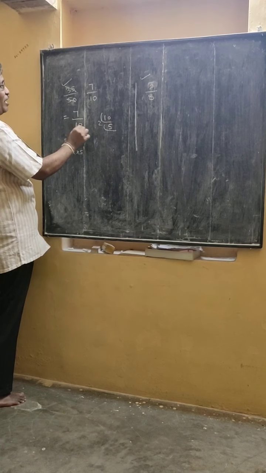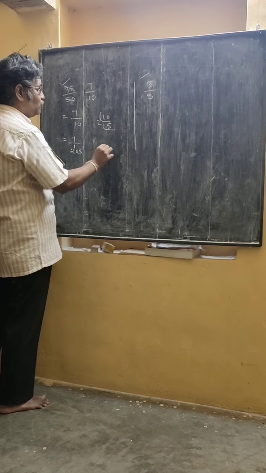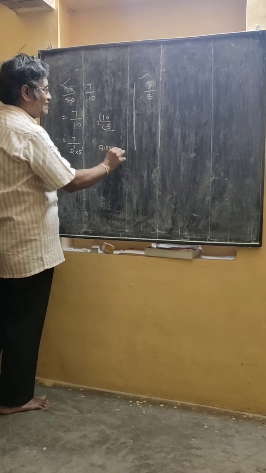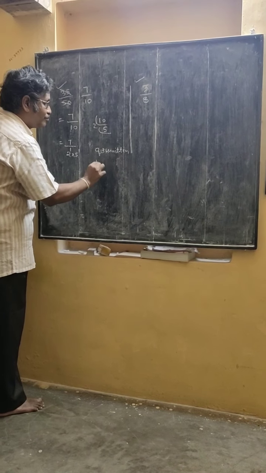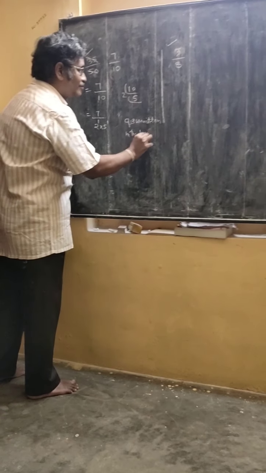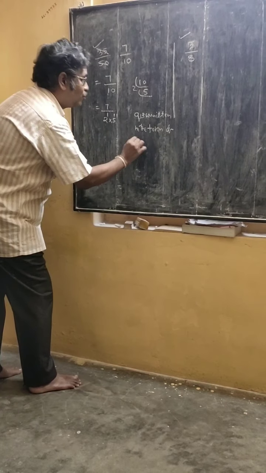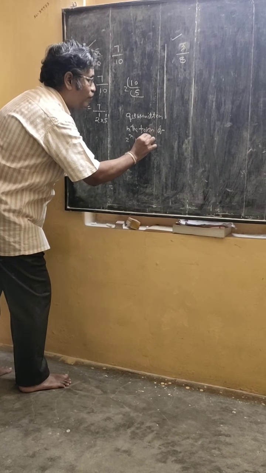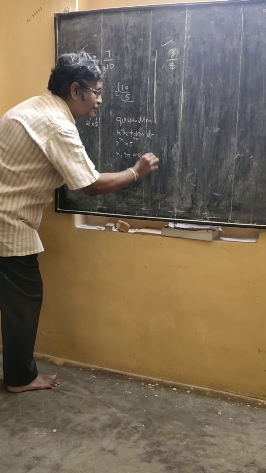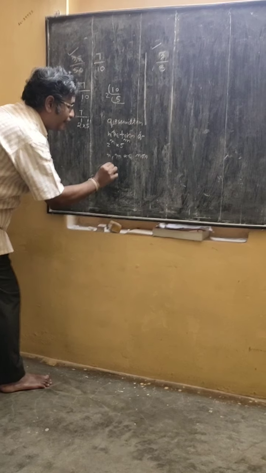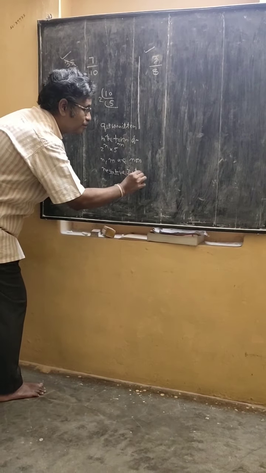So here the denominator 10, q, is written in the form of 2 power n into 5 power m, where n, m are non-negative integers.